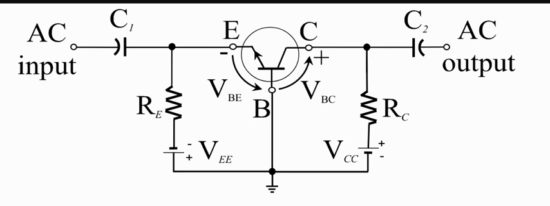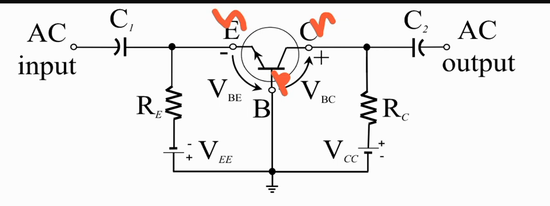So the conventional current in this transistor flows from collector to emitter, and that's why we see it is an NPN transistor, and it has a collector, base and the emitter. These are the three terminals, and this is your N, this is your P, and this is your N. So collector is your N type of material, emitter is your N type of material, and base is your P type of material.